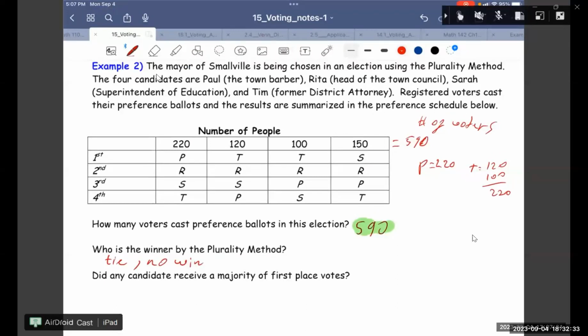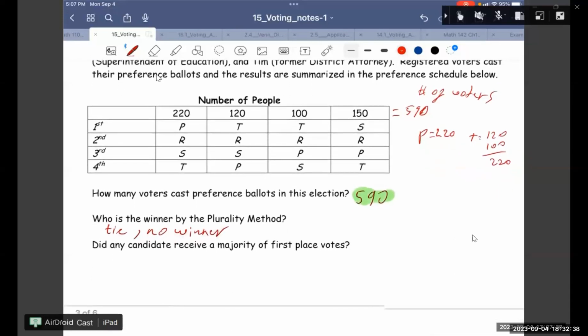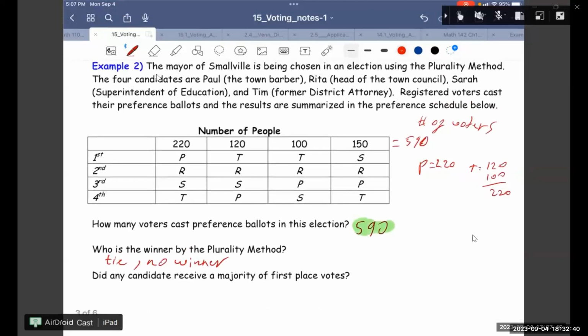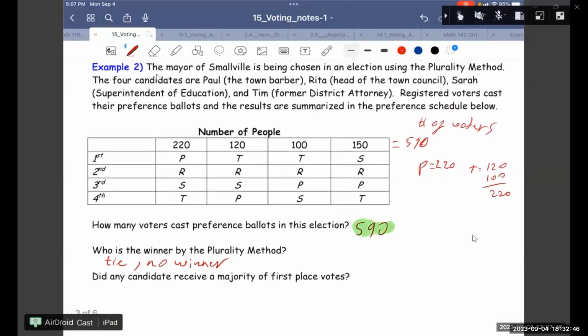We can list it out: Paul, Tim, and Sarah 150, and Rita, that is 0.